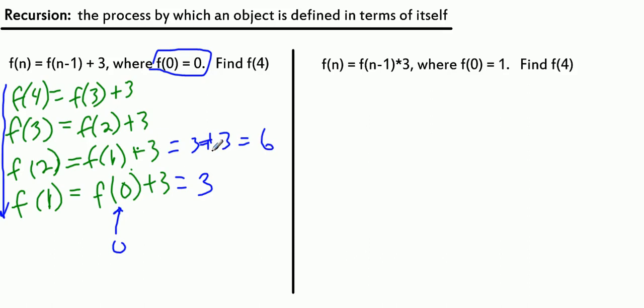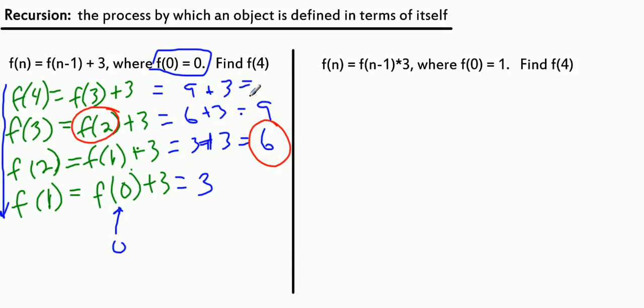Now again, the idea is that that 6 is going to get put into this f of 2, which will make this 6 plus 3, which is 9. That 9 will get put in here. 9 plus 3 equals 12, and that's our final answer.